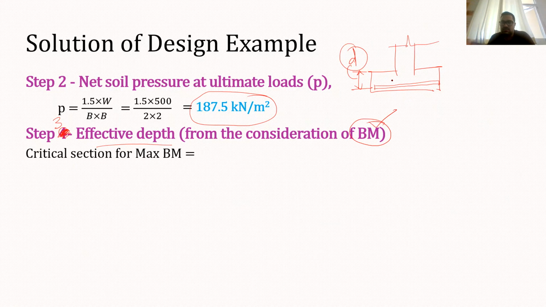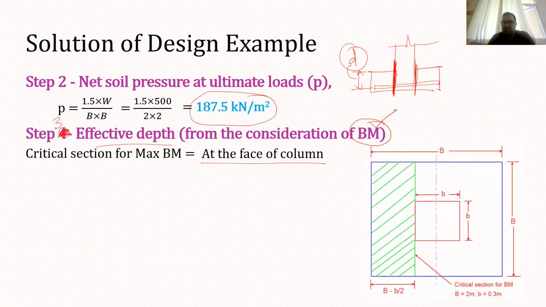In the last parts, I discussed that the critical section for bending moment will be at the face of the column, which means the maximum bending moment will occur at this place, or along this face. In the plan we can see it like this.